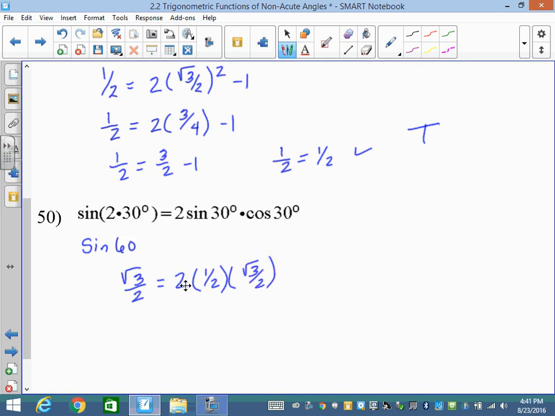But we can do the math right here. Half of 2 is 1, so this is just 1. So we get radical 3 over 2 equals radical 3 over 2, which is a true statement. How did you do on that one? Did you get it through okay?